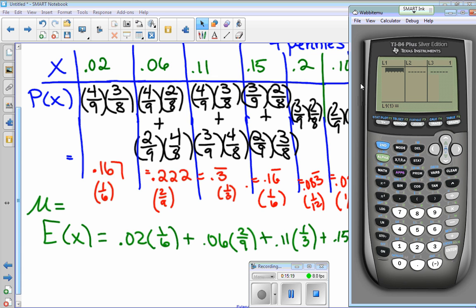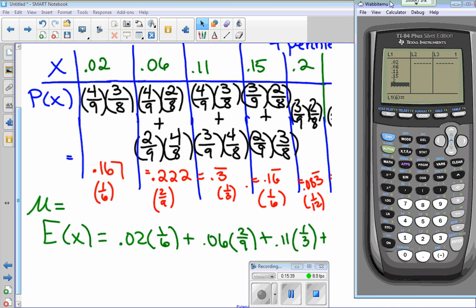And in List 1, you type all the X values. So if I type in 0.02, 0.06, 0.11, 0.15, 0.2, what are my other ones here? 0.2 and 0.1, right?